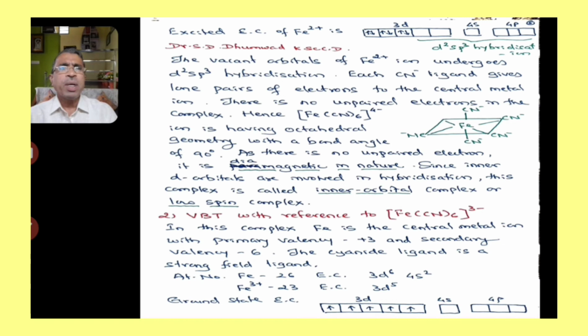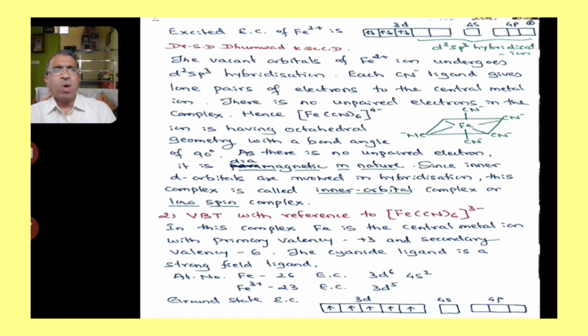The vacant orbitals of the Fe2+ ion undergo d2sp3 hybridization. Each cyanide ligand gives a lone pair of electrons to the central metal ion. There are no unpaired electrons in the complex. Hence, the hexacyanoferrate 2 ion has octahedral geometry with a bond angle of 90 degrees. As there are no unpaired electrons, it is diamagnetic in nature.